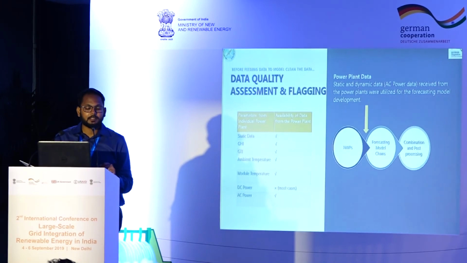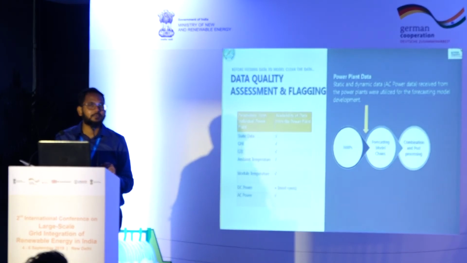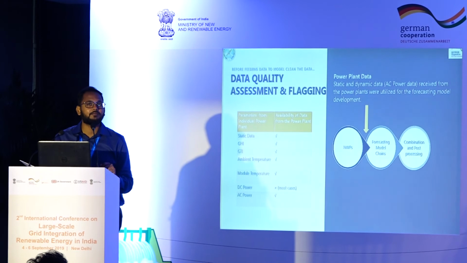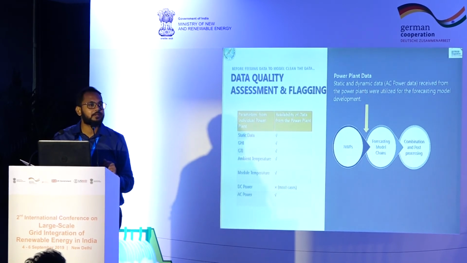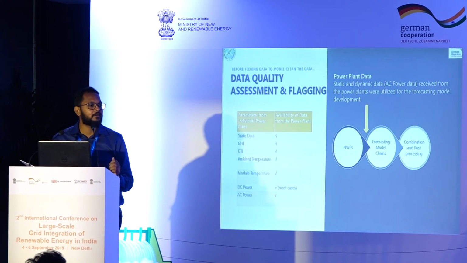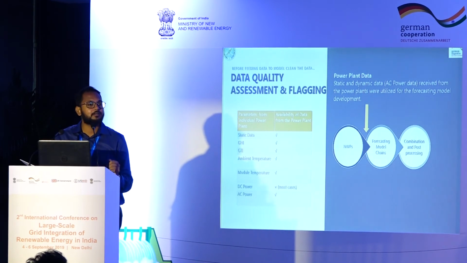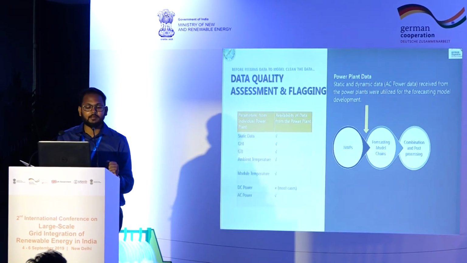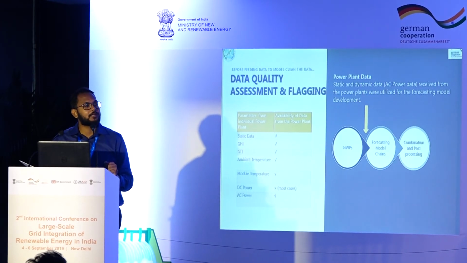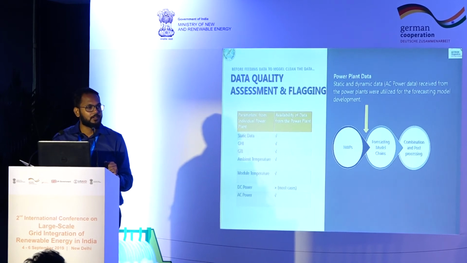But DC power data plays a major role when we are considering the soiling effect, and when we are taking into account whether modules are being cleaned properly or not, and what the cycles of cleaning are. So whenever we are building model chains, when we have DC power and AC power all in the picture, those losses will be calibrated in the fitting of the functions.